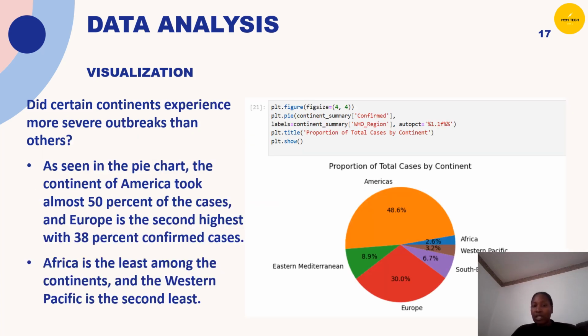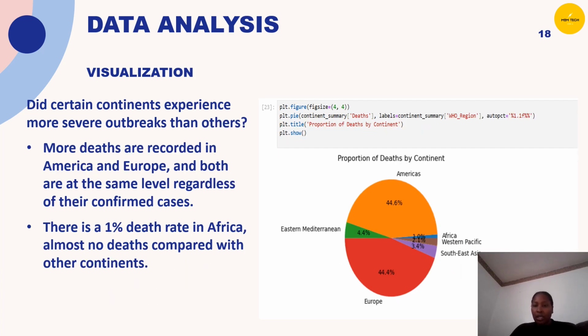And then if we see this pie chart, the proportion of total cases by continent, the Americas takes almost 50% of the total confirmed cases among the other regions. You see Africa is the least, and Western Pacific is the second least. And this is the proportion of deaths by continent.